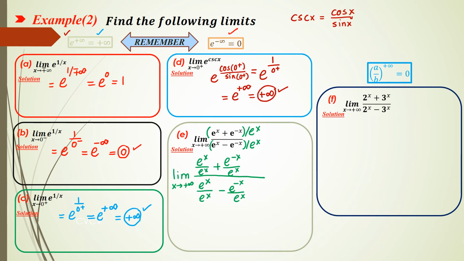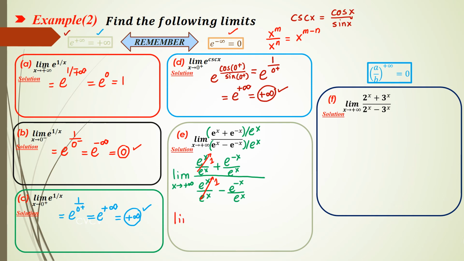Now e to the x divided by e to the x equals 1. Also here we have 1. Now e to the power negative x divided by e to the x, as you know, x power m divided by x power n equals x to the power m minus n. So when we divide, you have to subtract the exponents.